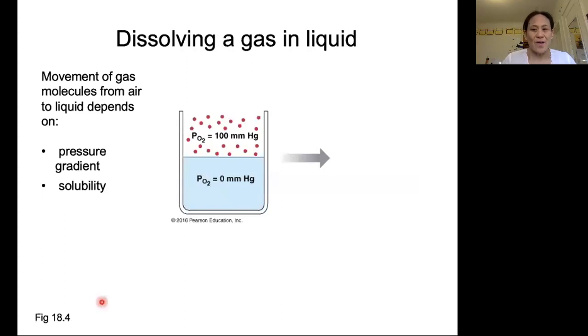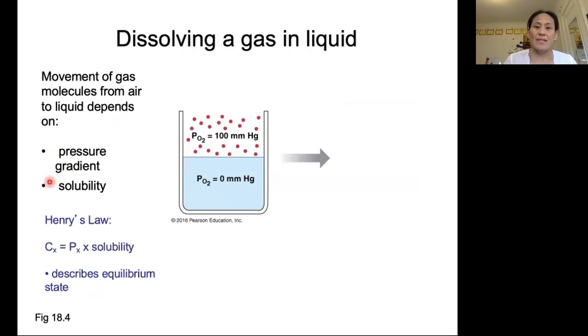Starting with this figure, the movement of gas molecules from air into a liquid is going to depend on two things. It's going to depend on a pressure gradient, and it's going to depend on the solubility of that gas in the liquid. That concept is embodied in Henry's law, which states that the concentration of a gas in the liquid is equal to the partial pressure of the gas in the surrounding air times the solubility of that gas in the liquid.